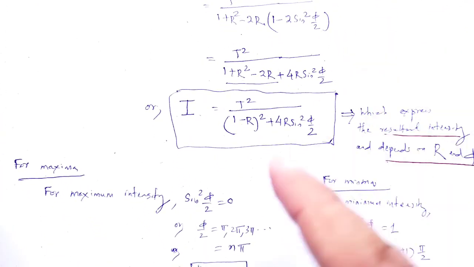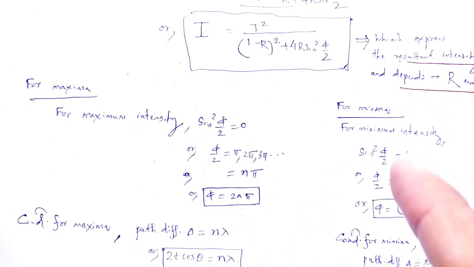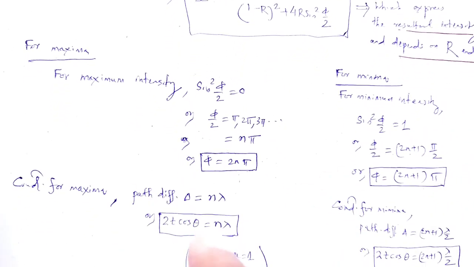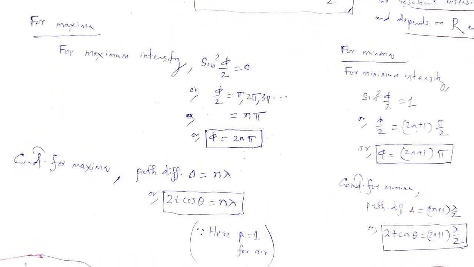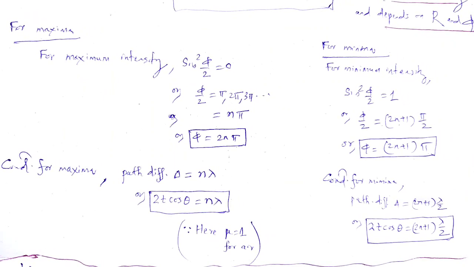We obtained the intensity, the condition for maximum intensity and the condition for minimum intensity, and the conditions for maxima and minima. So, with these useful and informative notes, let me wind up this session. Thank you.